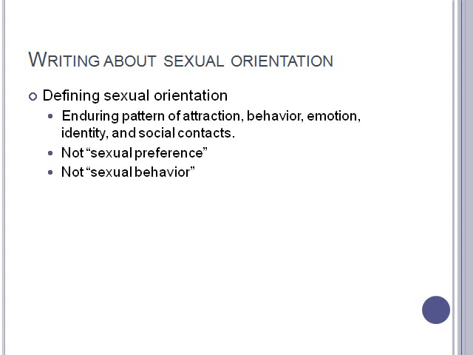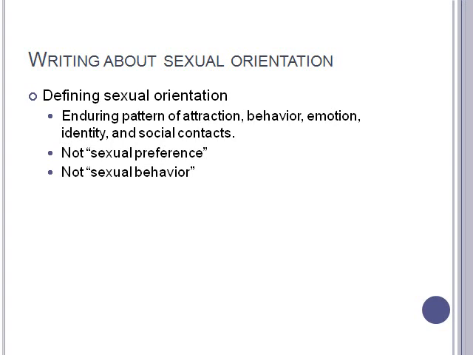And again, it's recognizing that the behavior is not the same thing as the orientation, because there's lots of reasons to have sex beyond being attracted to people. And sexual orientation is more than just having sex. It's about being attracted to, who you spend time with, who you are romantically, emotionally attached to. And again, the sex is part of it, but it's not the only thing. So you have to make a distinction there.